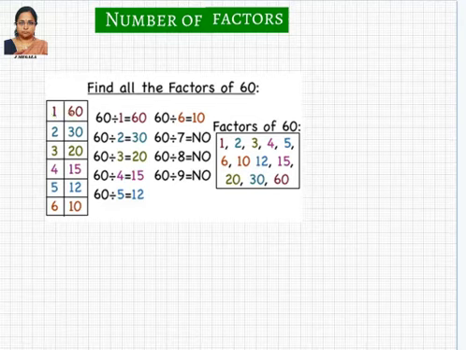Therefore, 1 becomes one factor, 60 becomes another factor. Similarly, 2 into 30, 3 into 20, 4 into 15, 5 into 12, or 6 into 10. Beyond this, after 6 you have 7, which is not a factor of 60, 8 is not a factor of 60, 9 is not a factor of 60, and then 10 has come here. That means you have taken all the numbers to be considered. So these are all the factors of 60.